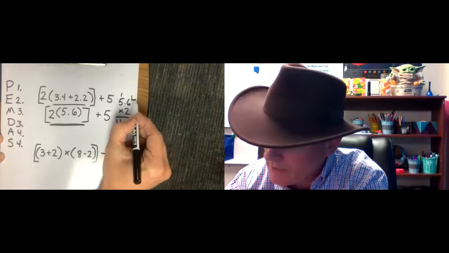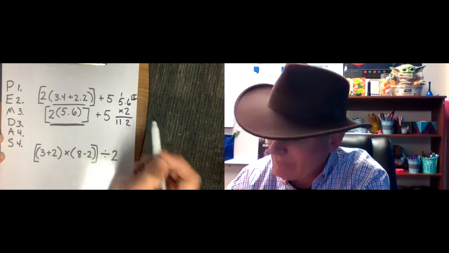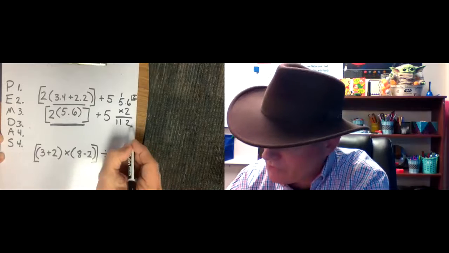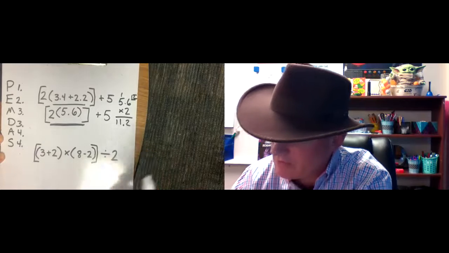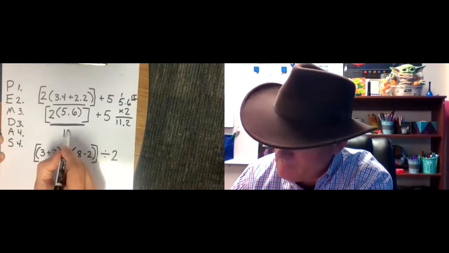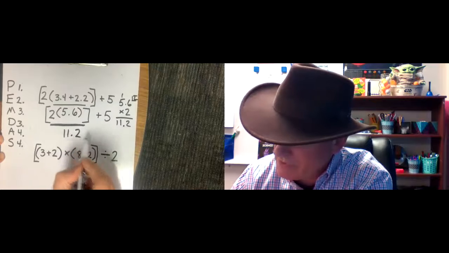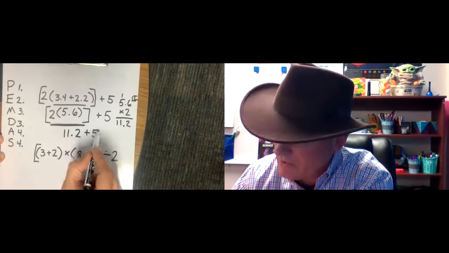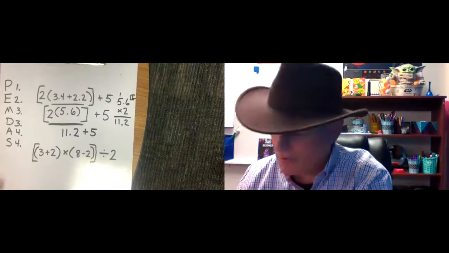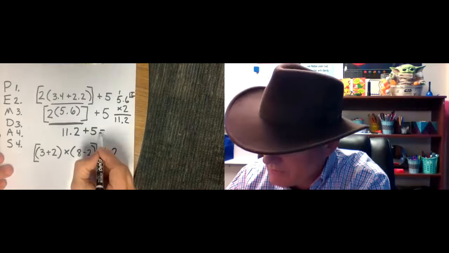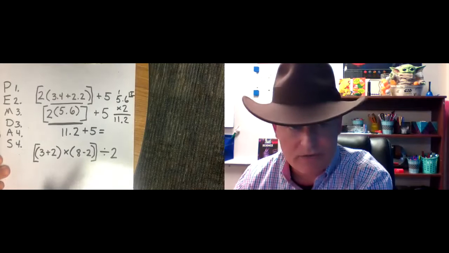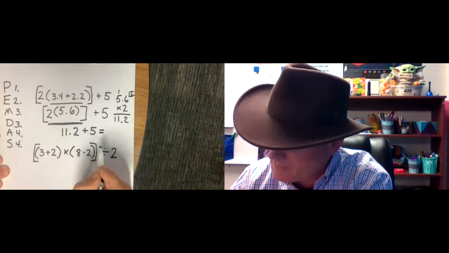We have 1 decimal place in our factors, so we will move over that many spaces, 11 2/10. So now we have 11 2/10, rewriting the problem +5. At this point, we are down to 1 operation left. So I would say it is safe to go ahead and solve.